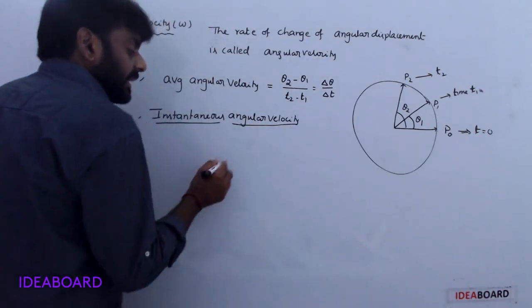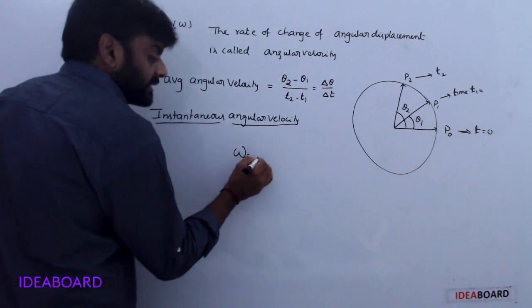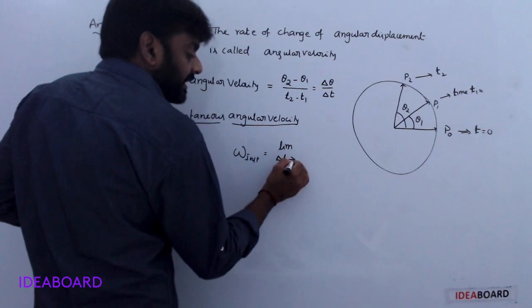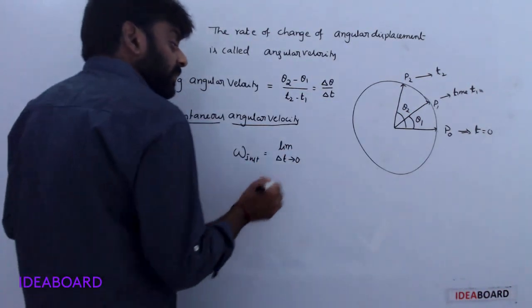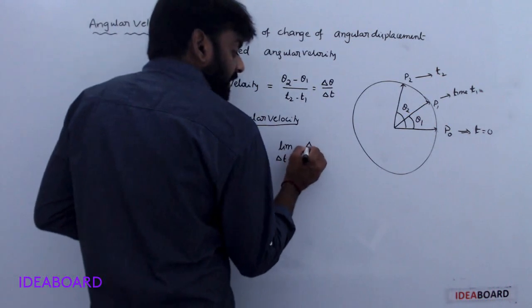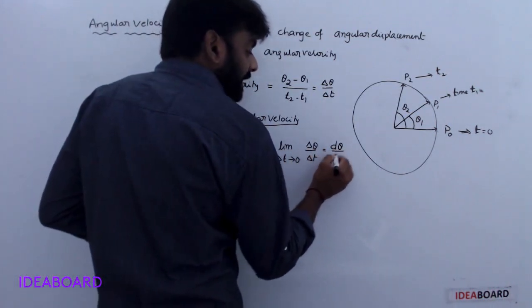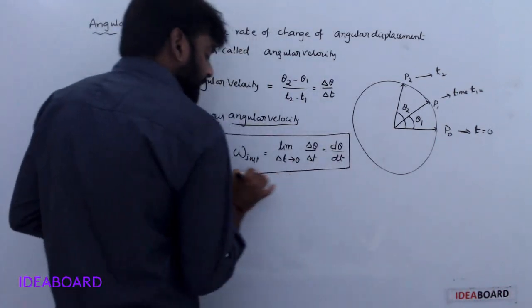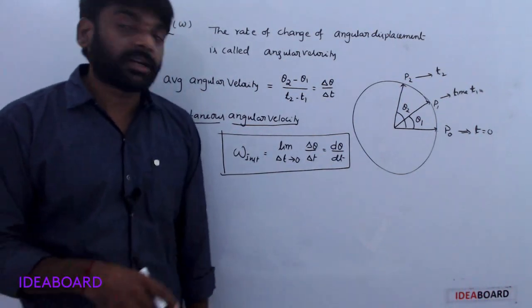Here, omega instantaneous is equal to the limit, delta t tends to 0, of delta theta by delta t, which is d theta by dt.